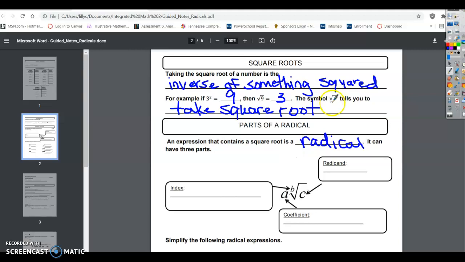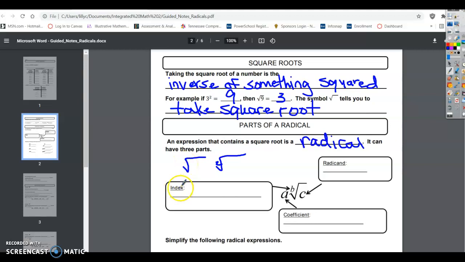If it's a square root, it may have a 2 and it may not have a 2. So for a square root, you may see just this, or they may put the index here. For higher radicals like cube root, 4th root, they will always have an index. So that's why we're talking about the different parts right now. But just like if you have a variable and there's no number in front of it, it's assumed to be a 1. When you have a square root, if there's no index, it's assumed to be a square.